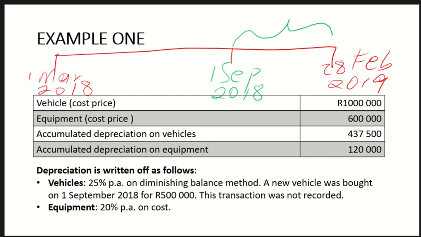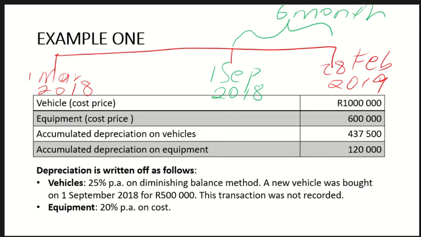It's 6 months, because it's September, October, November, December, January, February. Yes, because it was bought on the 1st. If it was on the 30th, then we would not count September.